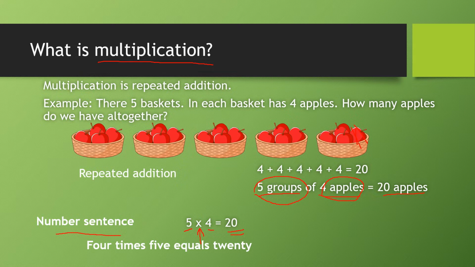Why is it? 4 apples here, and how many baskets? Every basket has 4 apples. Like that we have 5 baskets. So you can say 4 times 5 equals 20, or 5 times 4 equals 20.